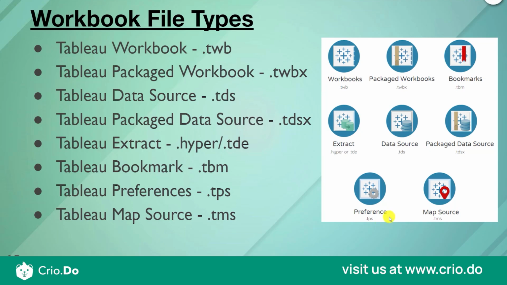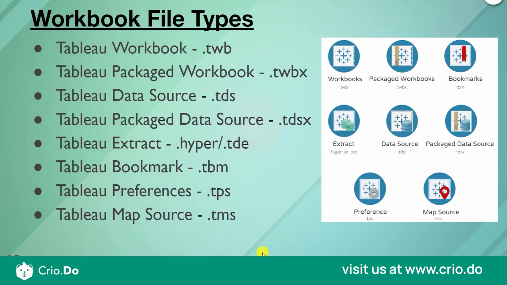And .tps icons will look like this. You will see a setting icon over there, a setting mark, and this icon will be recognized by seeing this setting option over here. And the last file type in Tableau is Tableau map source.